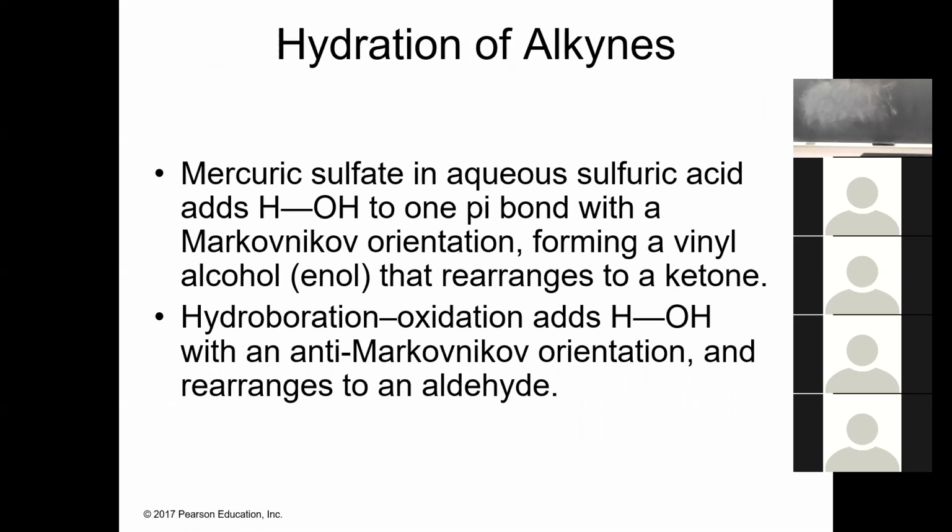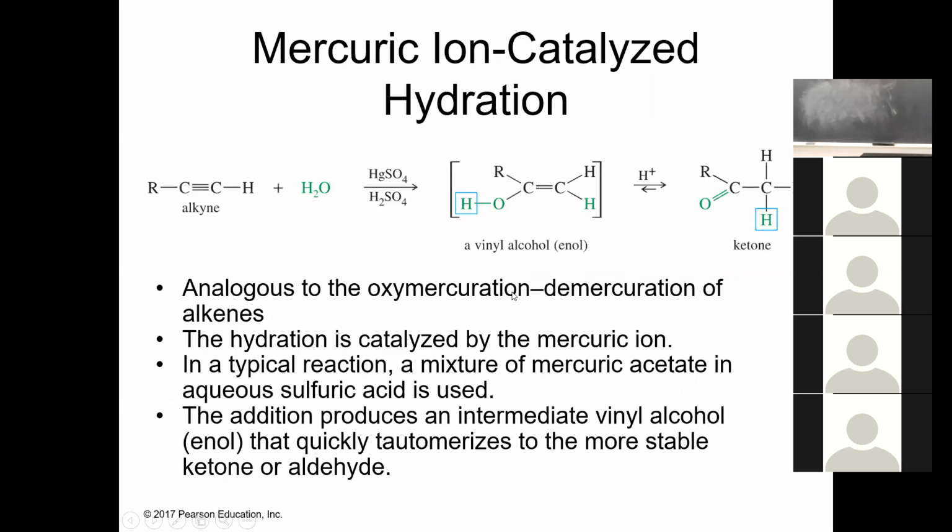We can hydrate an alkyne using mercury(II) sulfate. If it's an internal alkyne or even a terminal alkyne, it'll give us a ketone.